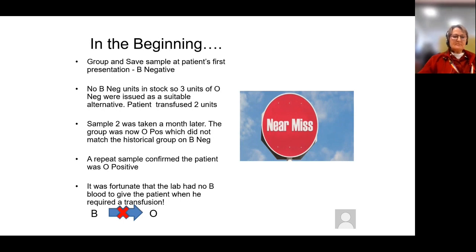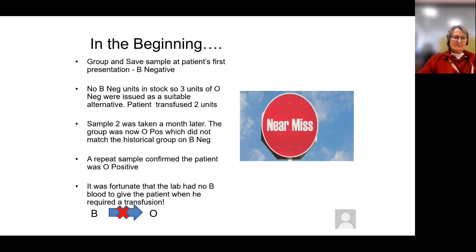This was a group and save sample taken on a patient at first presentation at a hospital, and the patient grouped as B negative. The patient had a GI bleed and actually required a transfusion. On that particular day, there was no B neg in stock in the laboratory, so they issued O neg as a suitable alternative, and that patient had 2 units of blood, was successfully treated and discharged a few days later.